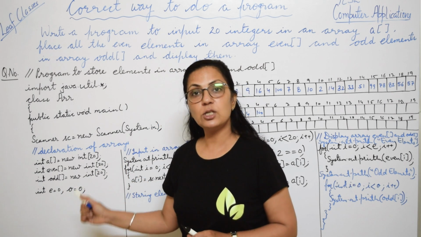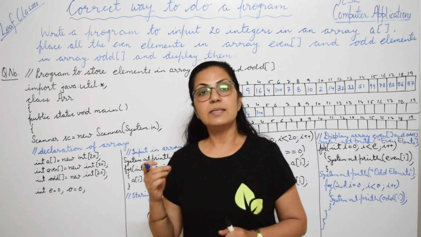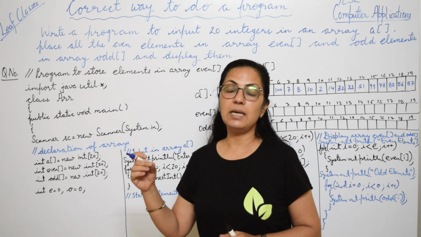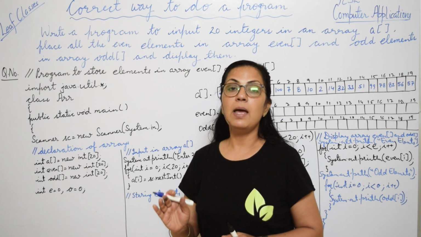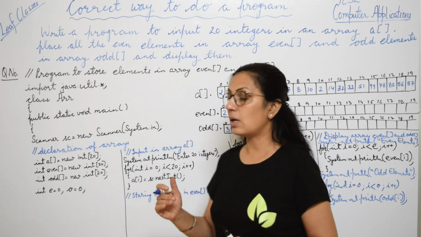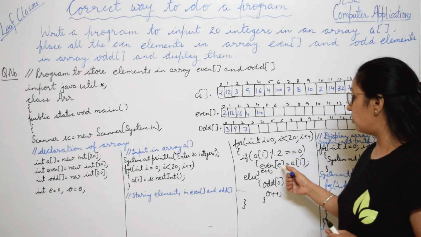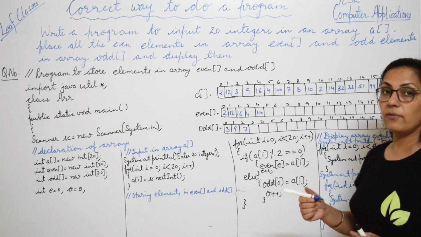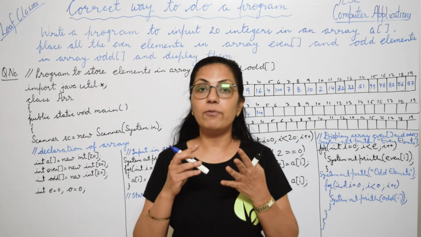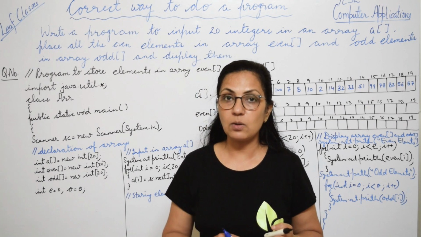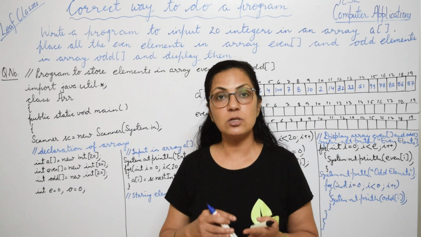This is declaration plus initialization. Sometimes you write int E comma O semicolon. The statement is correct, no problem. But initialization is required here because when we are using even E for the first time, some value should be there in E. So check where initialization is required and where it is not.